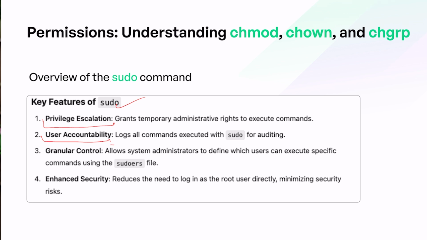Also, you can put granular control. There is a file we will be discussing in the demo, called sudoers, which is present in the /etc directory. With that file, you can set granular control on sudo. Then it enhances security by minimizing security risks and reducing the need to log in as the root user directly, which is what I was talking about earlier, right? No admin will give you super user permissions.